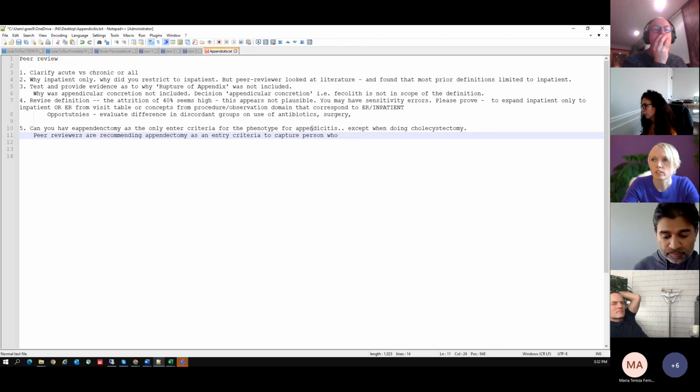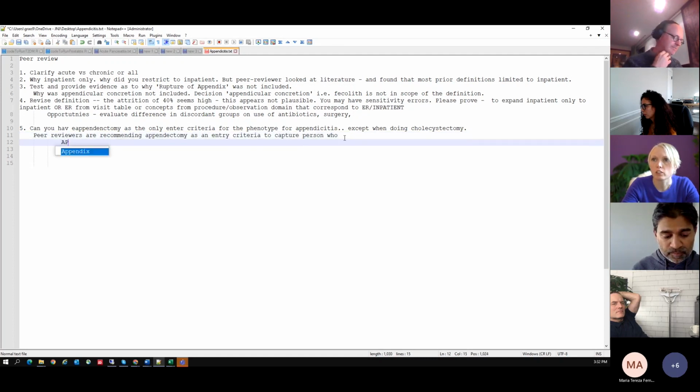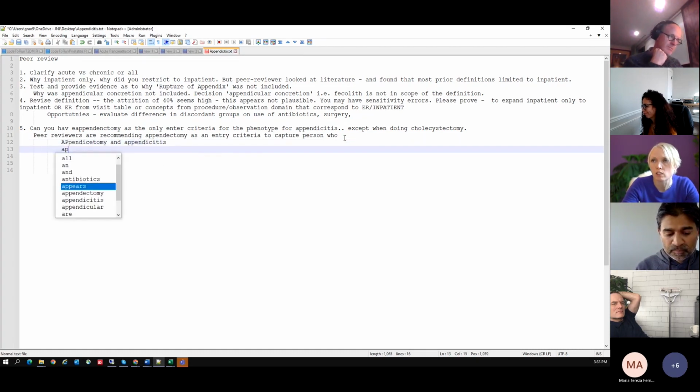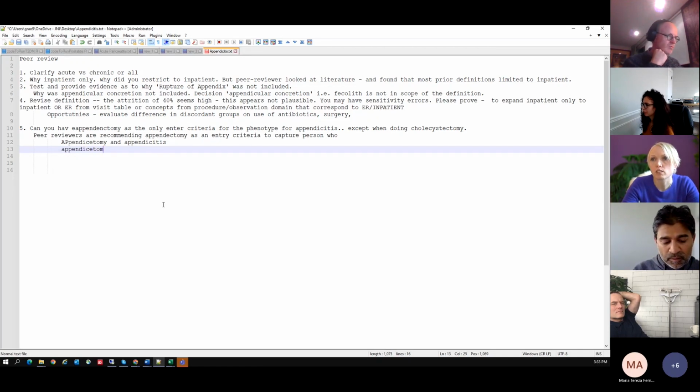Do we also have, in addition to ER and inpatient as visit types, visit types for surgery and anesthesia in the data sets? Because these are two other types of encounters that probably have high correlation with appendicitis treatment.